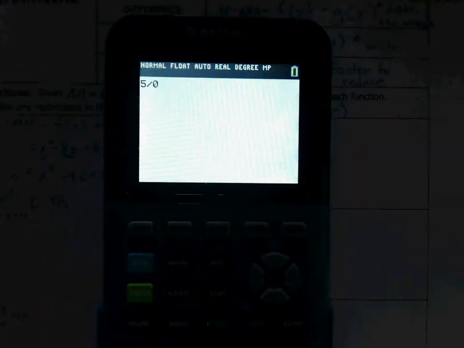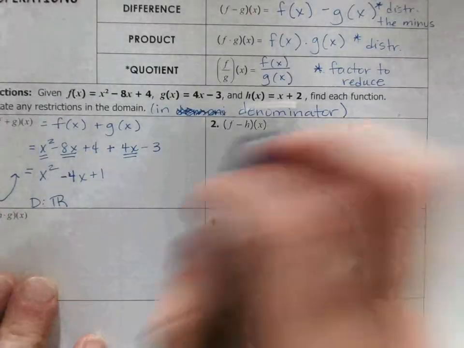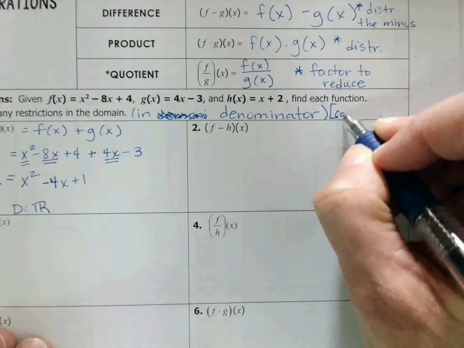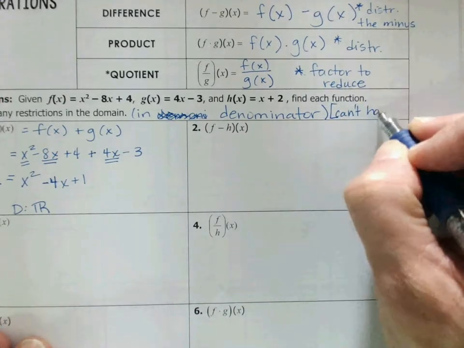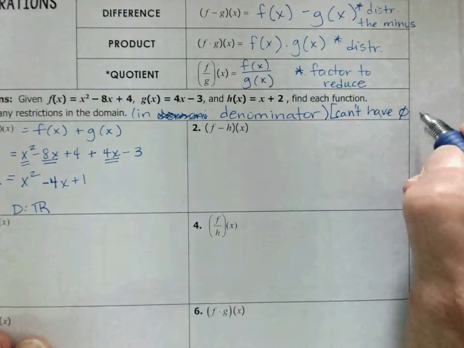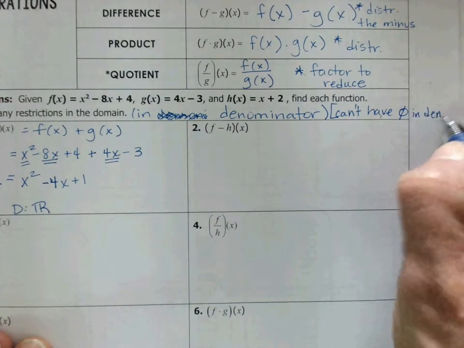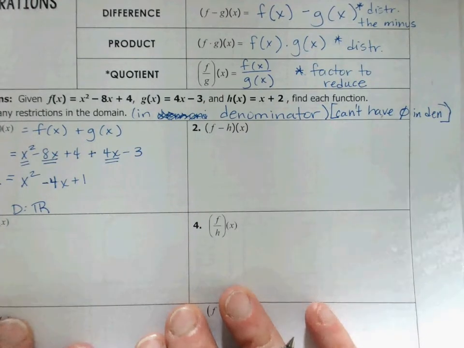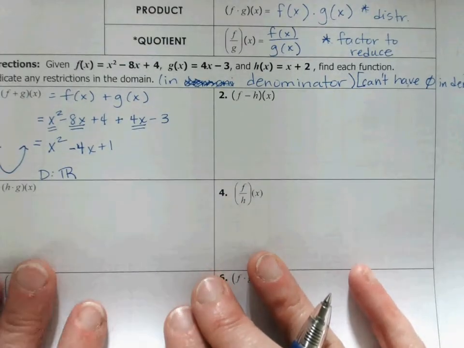Well, I can't divide by 0. So you cannot have a 0 in the denominator. So right here, you can have restrictions in the denominator. You can't have 0 in the denominator. Okay? So we'll get to that. That's really when we have restrictions in the domain.